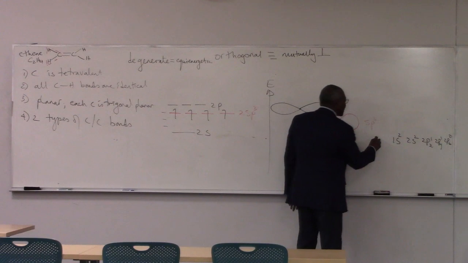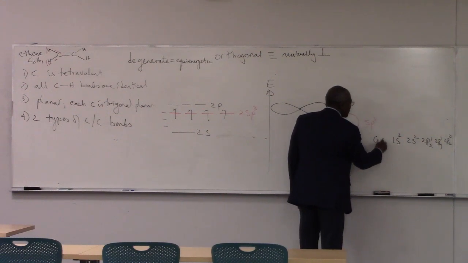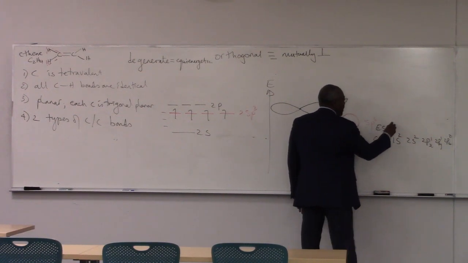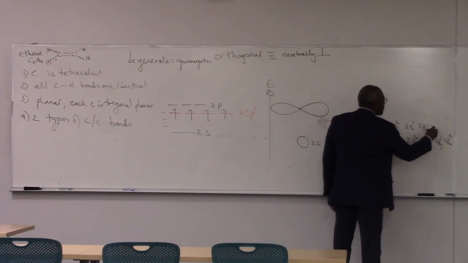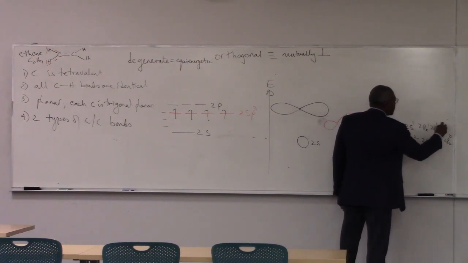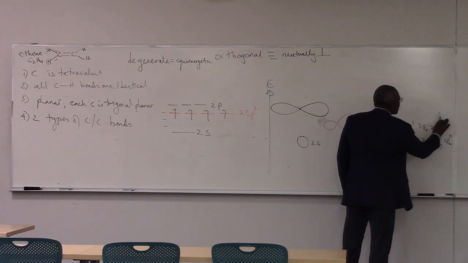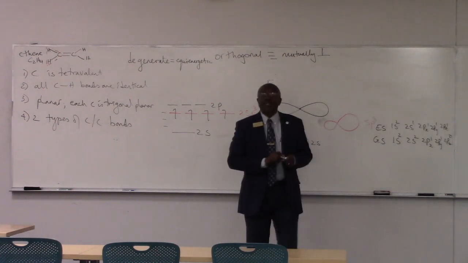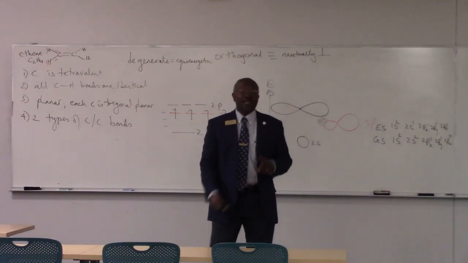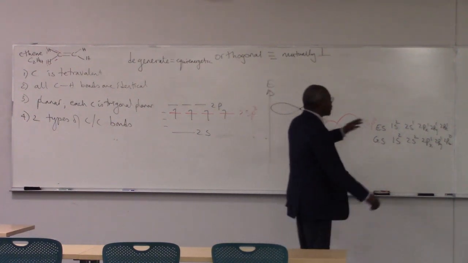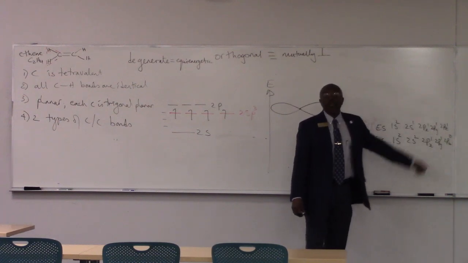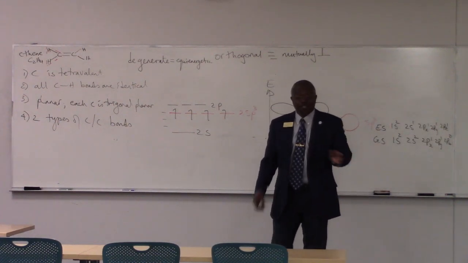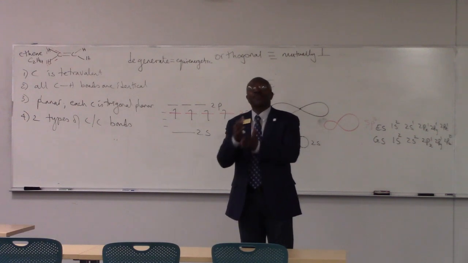If we go to the excited state, we have 1s2, 2s1, 2px1, 2py1, 2pz1. And we know that accounts for tetravalence, but doesn't account for anything else. So I can clearly tell immediately, I'm not going to get identical CH bonds if I'm using different types of orbitals. So I'm going to hybridize again. That's how I account for atoms behaving oddly.